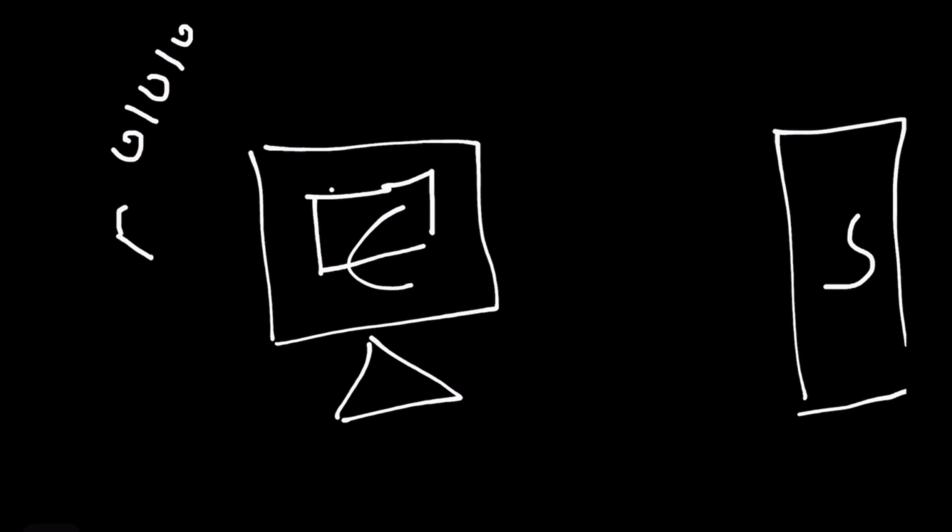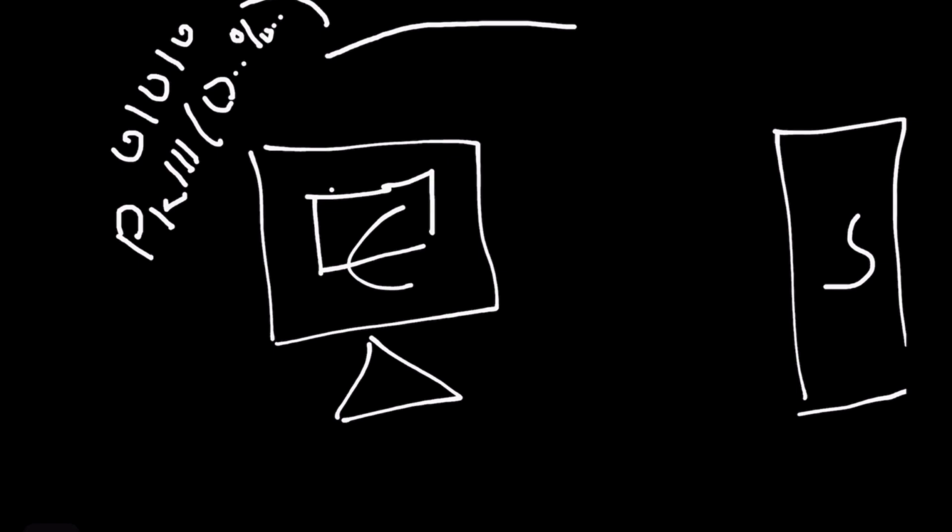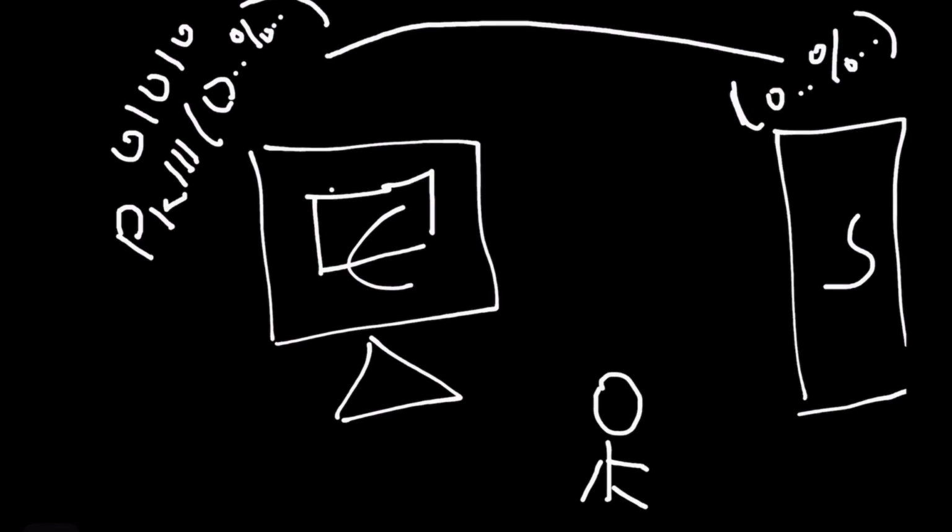So this is our key, and this is our encrypted text. We send our encrypted text to the server. The hacker is sitting here. You can still get access to the message.